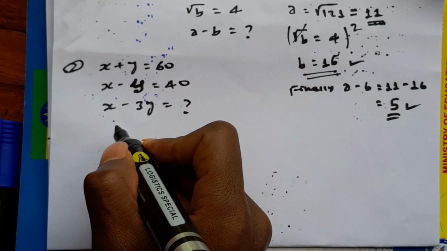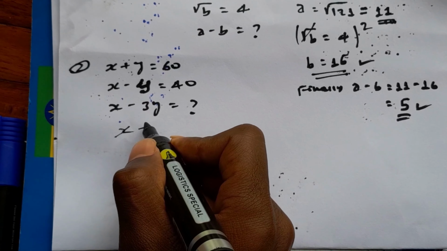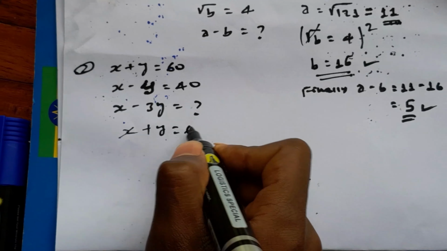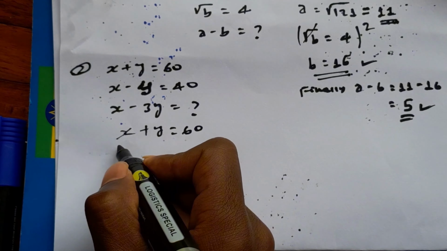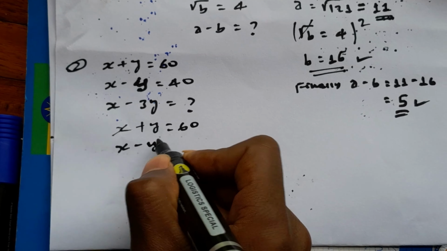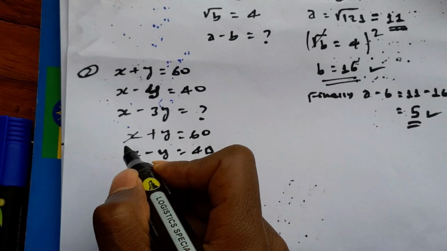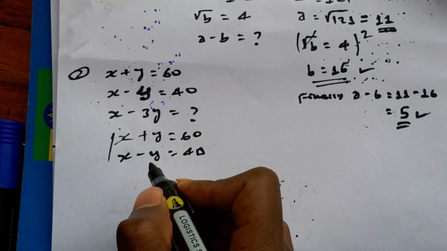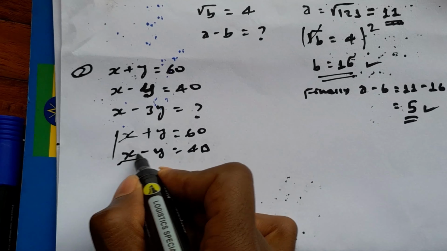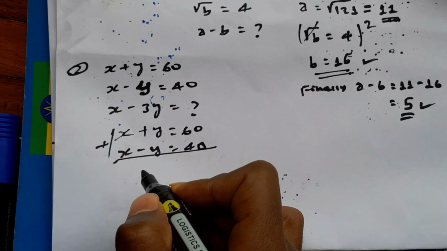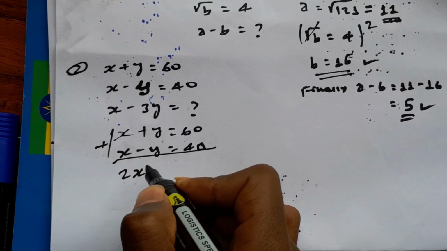Firstly, we write the equation x plus y is equal to 16. After that, x minus y is equal to 14. After that, we sum them up. X plus x means how much? 2x.